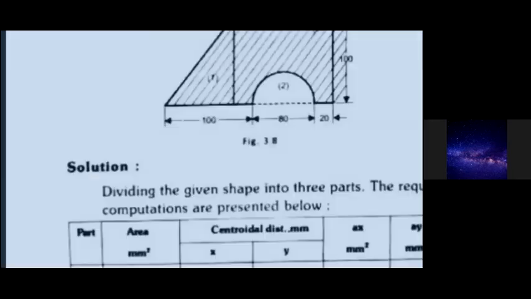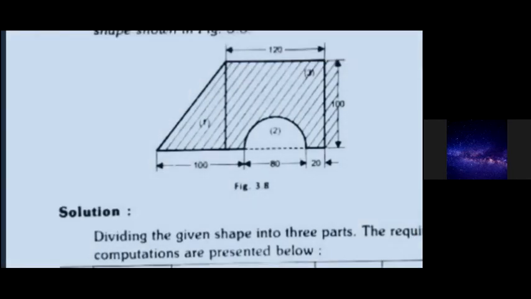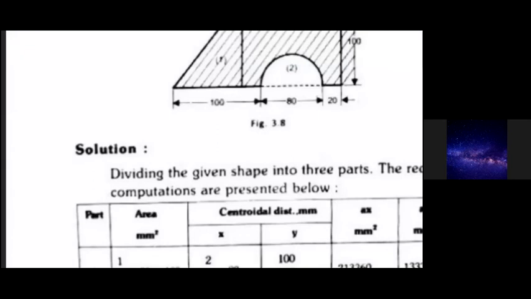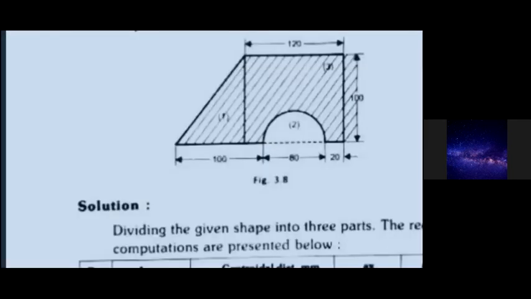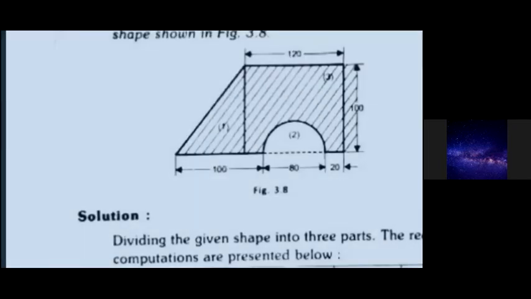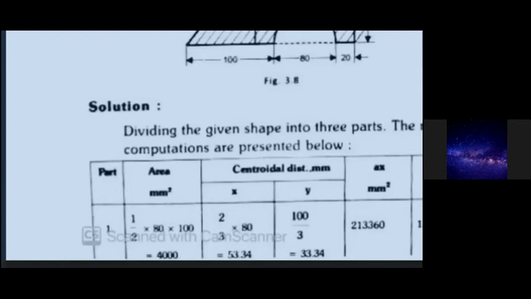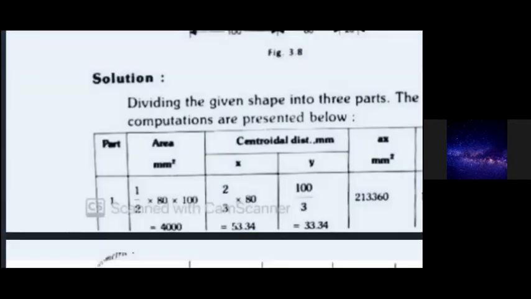The height of the triangle is 100 mm, and the base of the triangle is 100 minus 20, that is 80 mm. So half into 80 into 100. Calculating this, we get 4000.